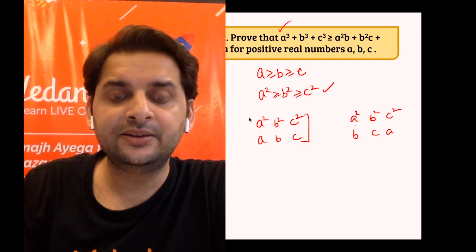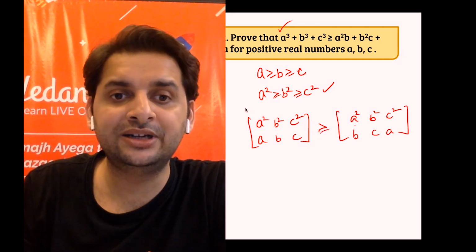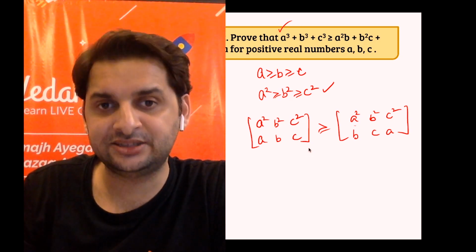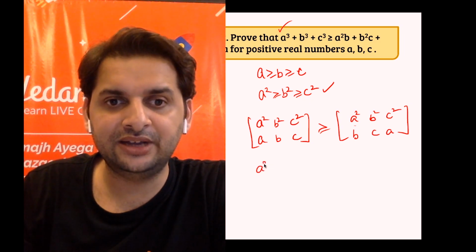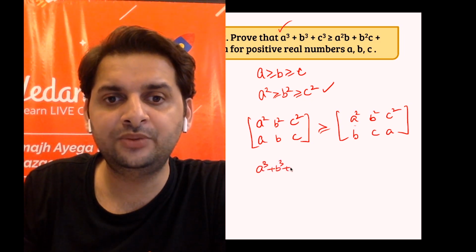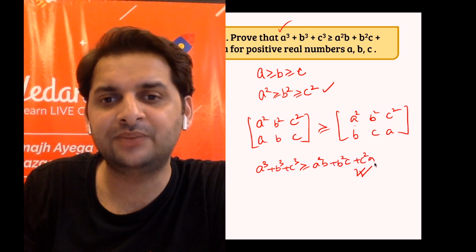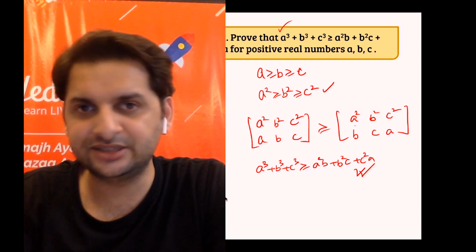Note that both the sequences on the left hand side are in the same order, both decreasing. So this sum of the products would be greater than or equal to any other rearrangement. So a cube plus b cube plus c cube is greater than or equal to a square b plus b square c plus c square a. So how easy this has become using rearrangement inequality. I hope you've all understood this.